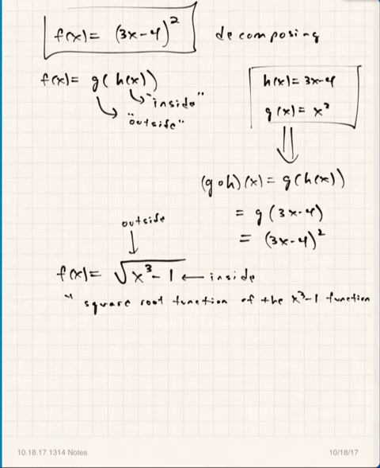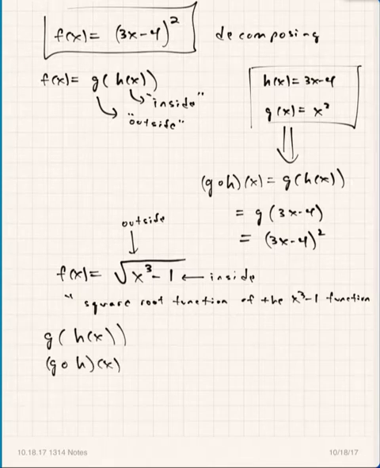And so if you're going to try to write this as g of h of x, remember g of h of x is really just another way of writing g circle h of x. Those are the same function. But thinking of it as g of h makes it a little bit easier here, because you can see the inside function and the outside function. So the inside function here would be x cubed minus 1.